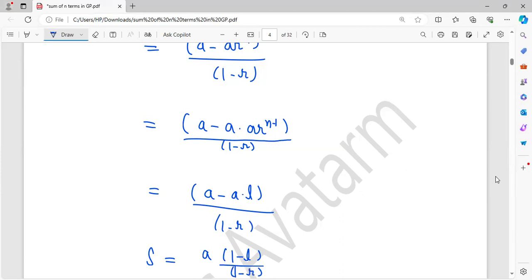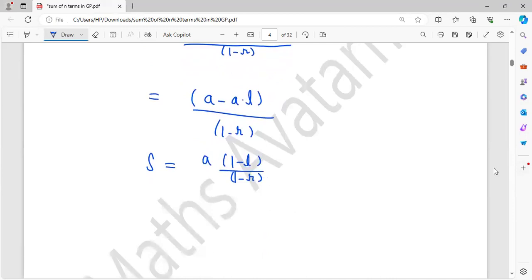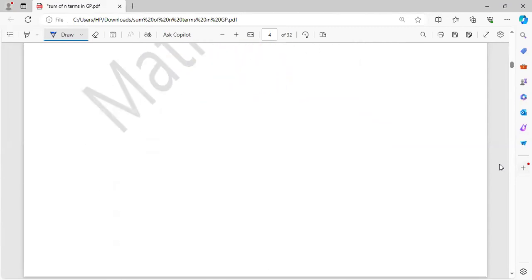If a finite GP is given, and the last term, first term and common ratio are known, then you can find the sum of all the terms of that finite GP. So this formula is applicable once you have a finite series. Let's see examples. It will be clear by examples.